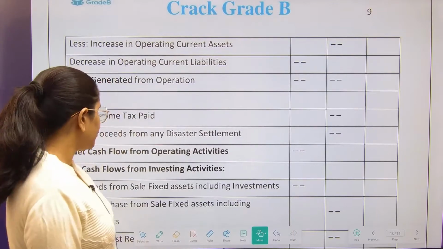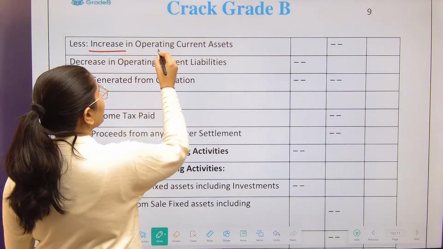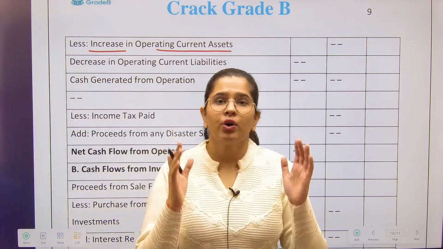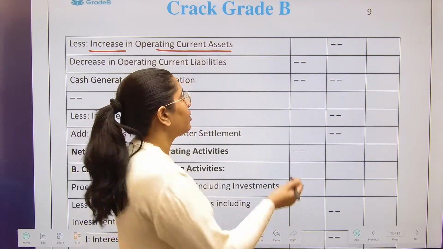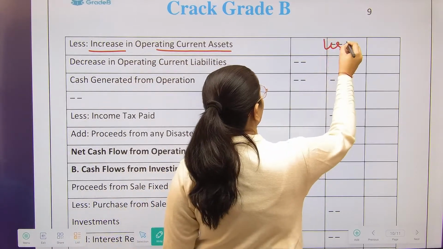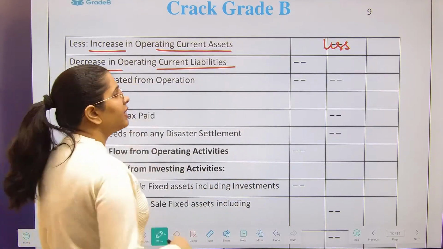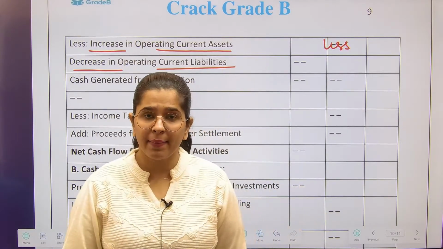Now we will just reverse it. If there is a scenario that your current assets are increasing, means your debtors are increasing, you are not able to collect the cash. So in that scenario, you will have to deduct it. And your current liabilities are decreasing. Current liabilities will decrease when I make payment.